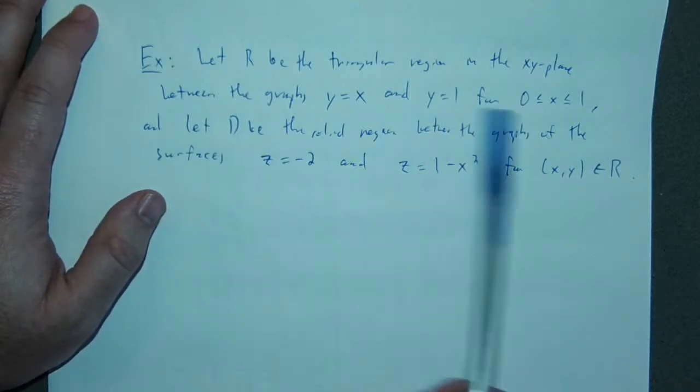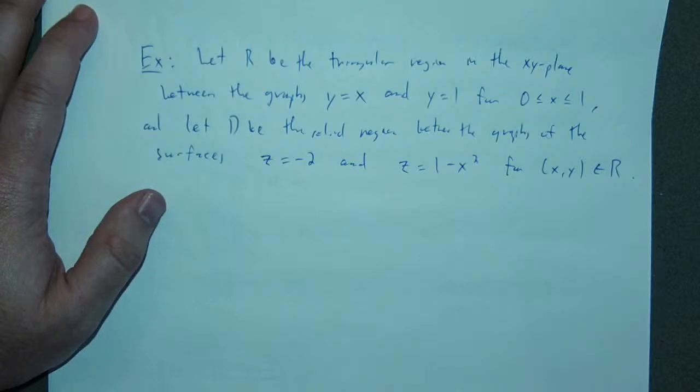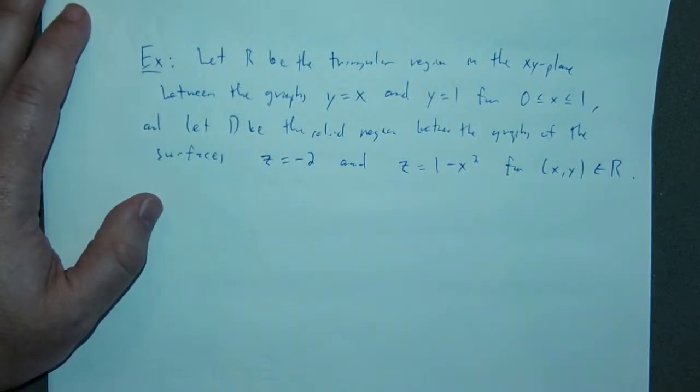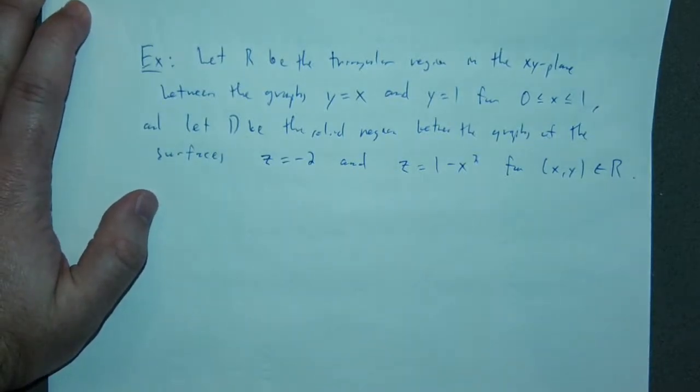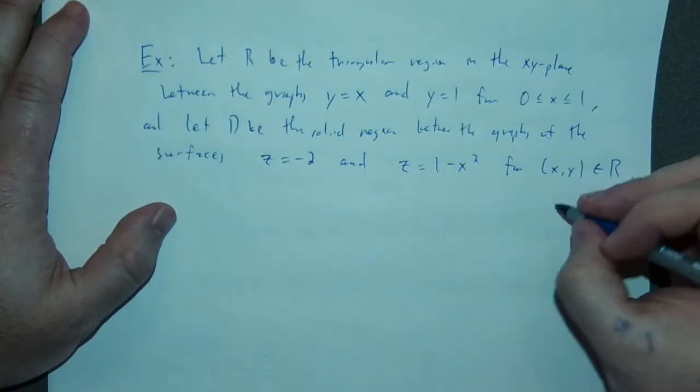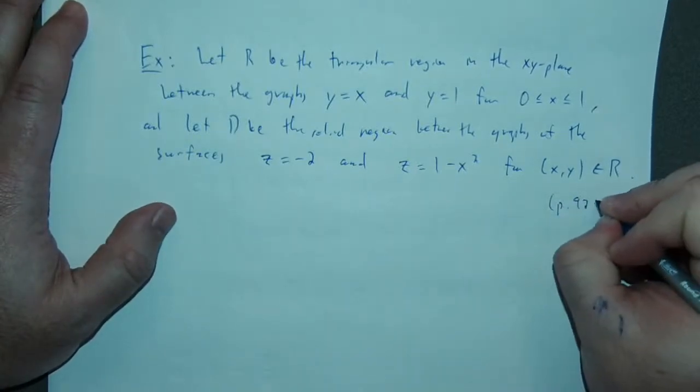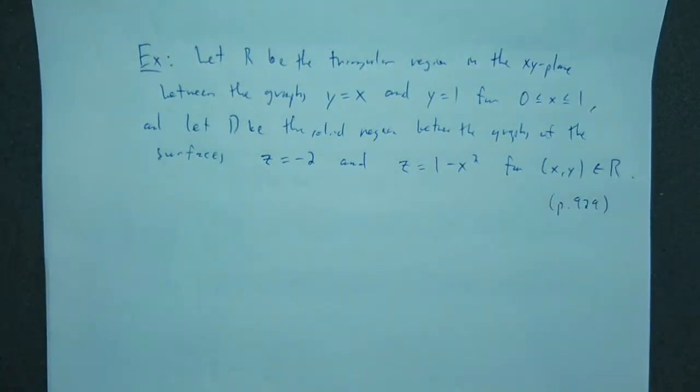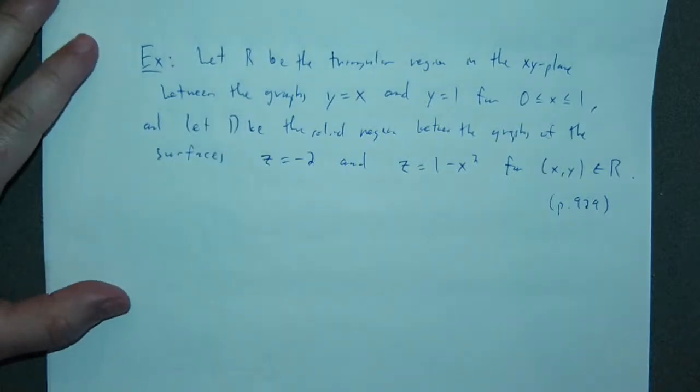As long as I pay attention to what's going on algebraically, I'm fine. If you want to see a picture of this, it's on page 929 in the book. Also, once you're more comfortable with MATLAB, you could use MATLAB to generate a picture of this if you wanted to. But anyway, how can I set this up?